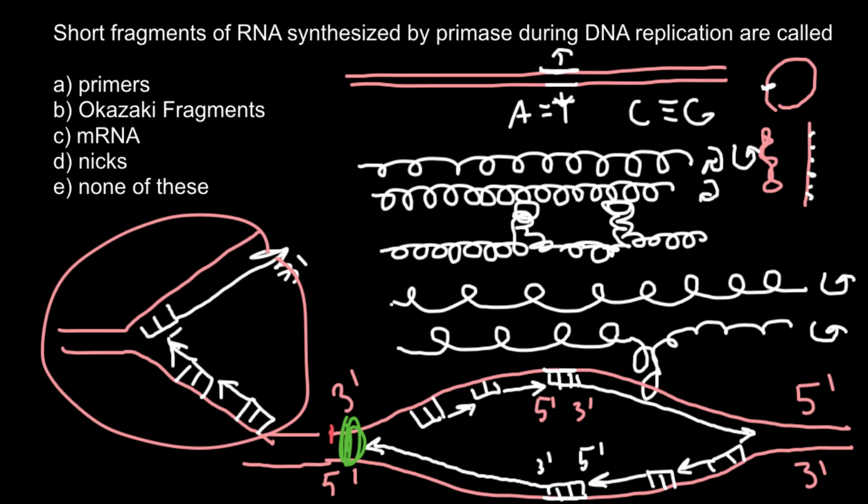By the way, also these fragments that we call Okazaki fragments. Why are these fragments? If you think that this would be continuous DNA here, actually not. Here and here and here and here we would have a nick.